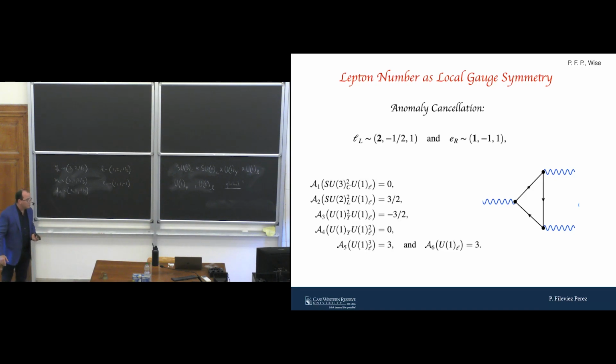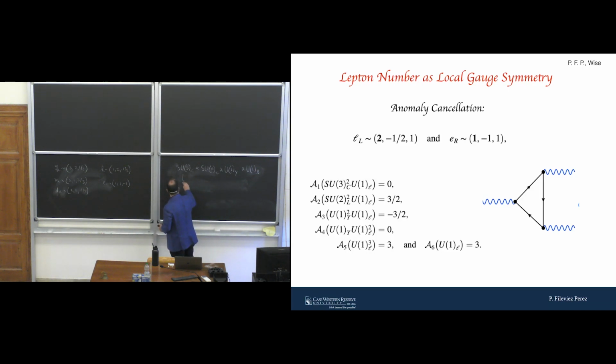Every time you use local gauge theories, you face a problem, which is something called anomalies. The standard model has some magic. If you think about all the gauge bosons that we have in the standard model, let's use a standard notation.